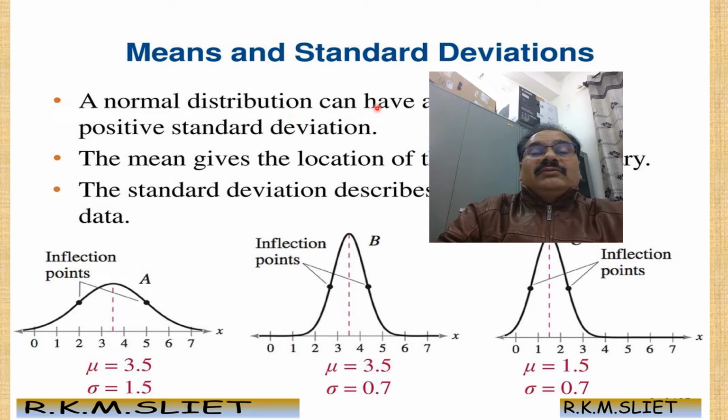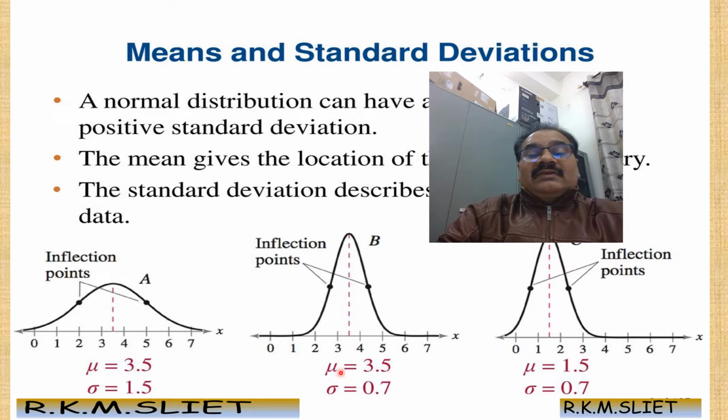Now a normal distribution can have any mean and any positive standard deviation. The mean gives the location of the line of symmetry and the standard deviation describes the spread of the data. As I said, this is the spread of the data. You can look at the spread of the data here in case mu is the same in both cases, but sigma is different.